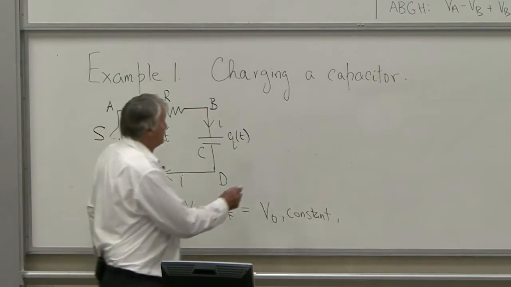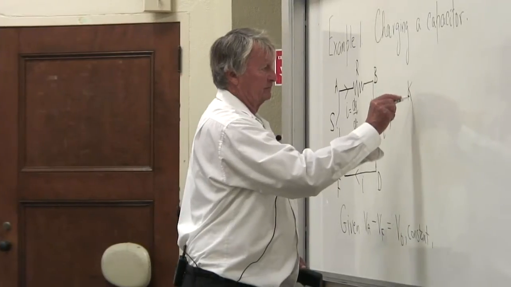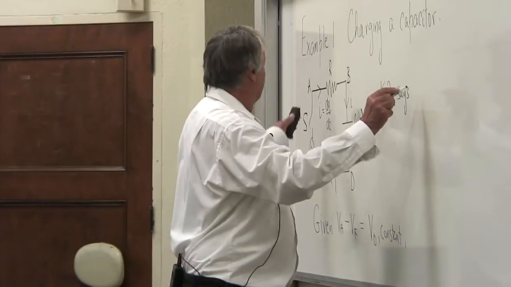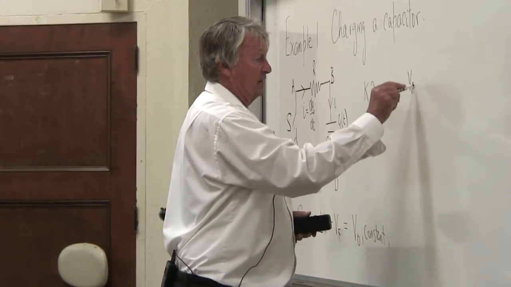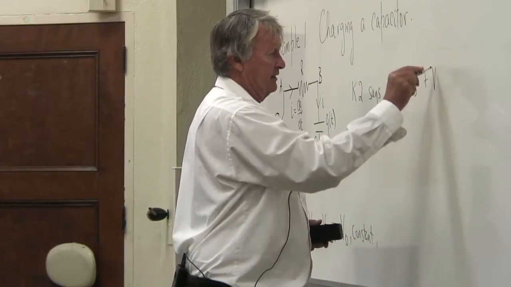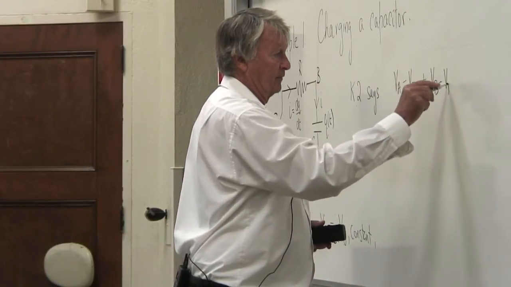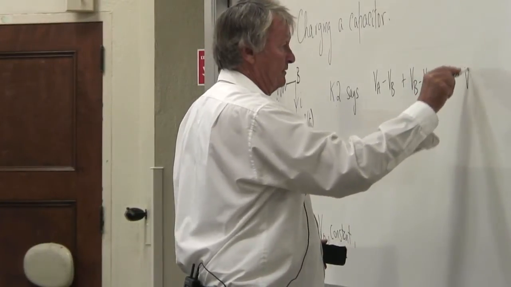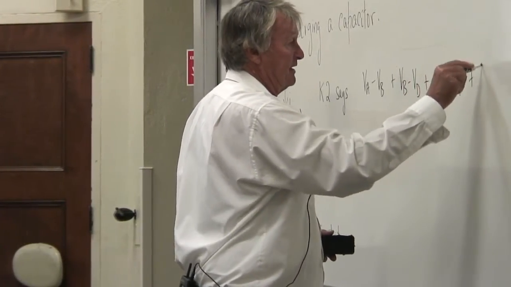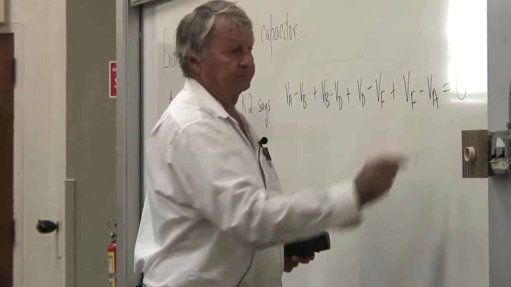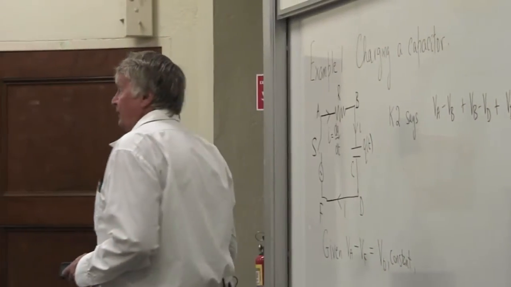Kirchhoff 2 says the following. VA minus VB plus VB minus VD plus VD minus VF plus VF minus VA is 0.